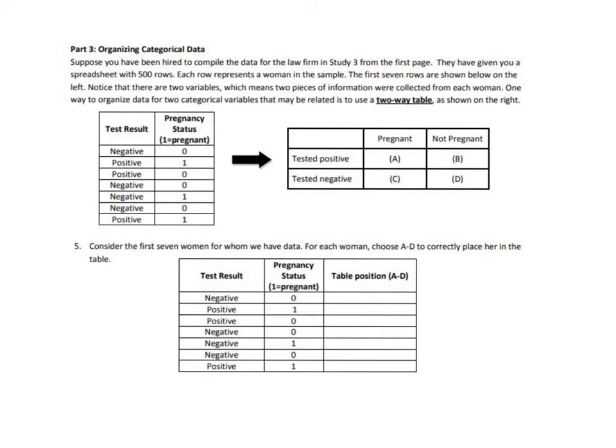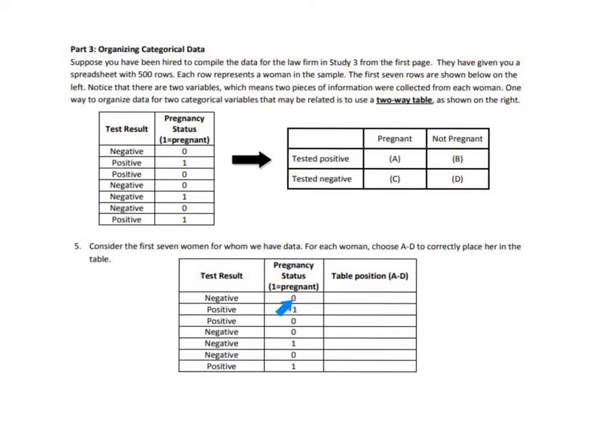Okay, part 3. They're giving you a two-way table again. We've talked about two-way tables before. We've done this several times before. You've got one category up here where you're pregnant or not pregnant, and so what you actually are, and then you have whether you tested positive or negative on the left side. So now we're going to look down here, and then instead of saying pregnant or not pregnant, even though this is a number, this is not a measurable number. Think of this as just binary.